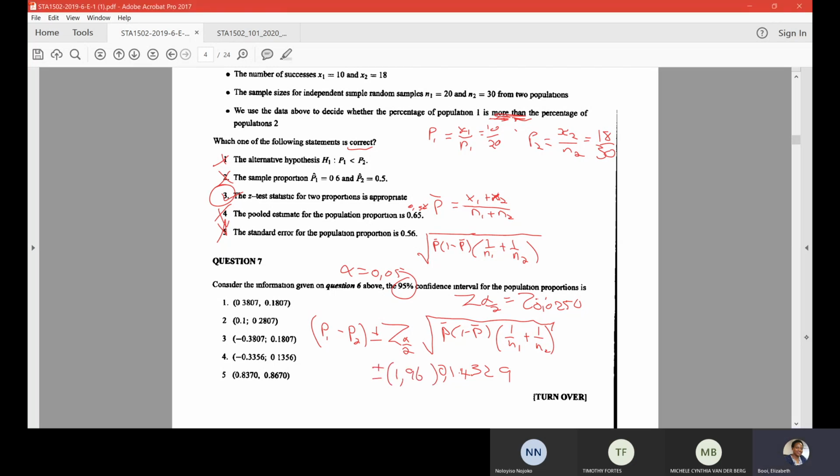1.96 plus or minus our proportion 0.5 minus 18 divided by 30, 0.6. And you can solve that.